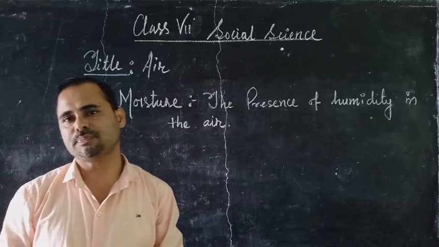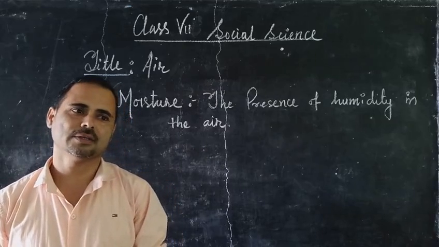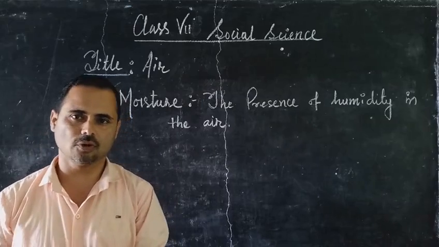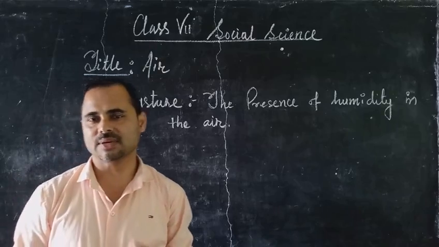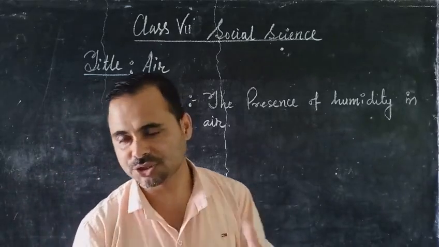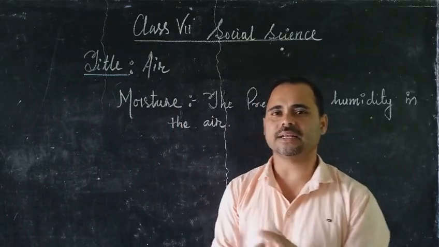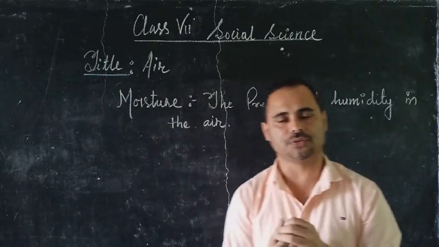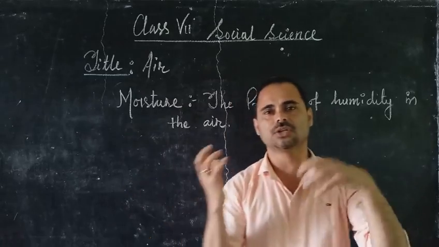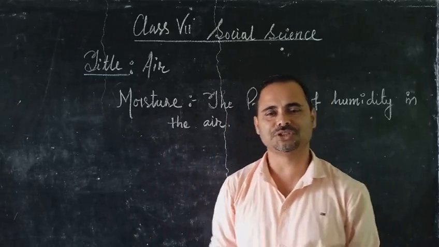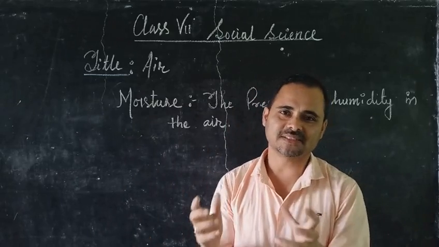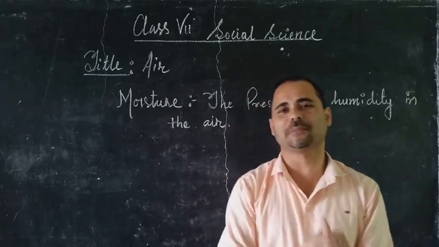So those places where we find low availability of moisture, and those places where we find the availability of moisture is more, there will be a different kind of weather or climatic conditions. So the impact of moisture, that means the presence of humidity in the air, cannot be ignored.